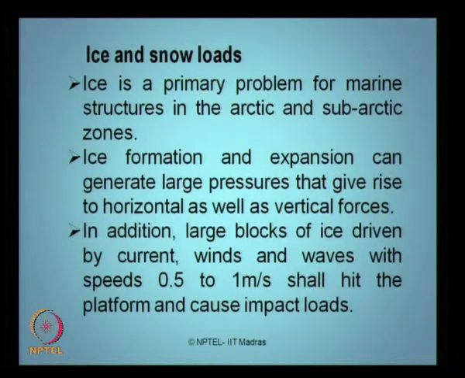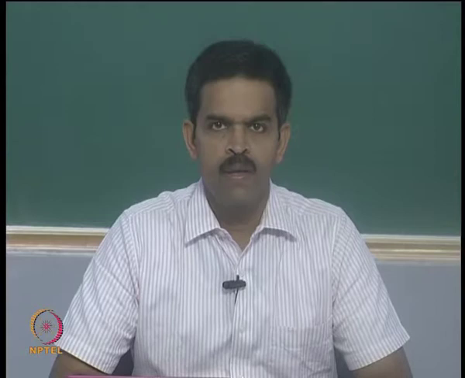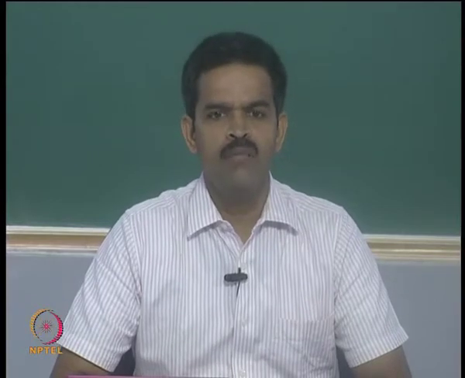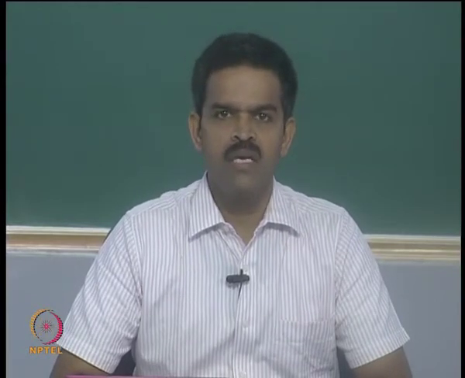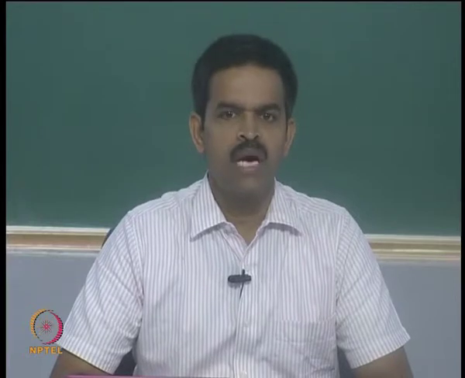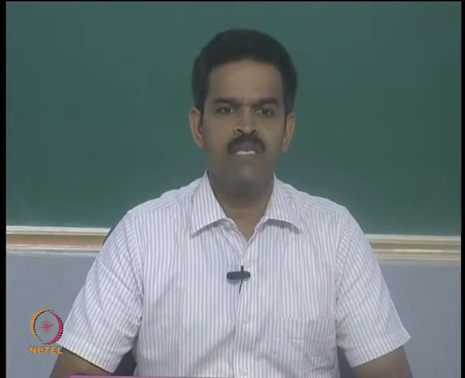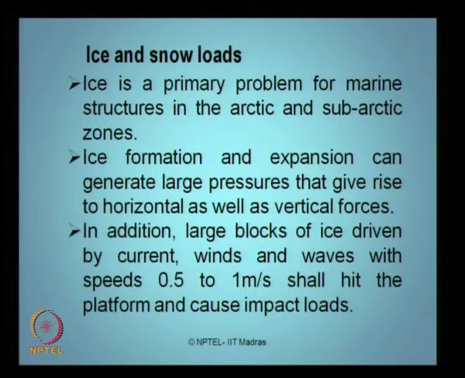The other classification of load which comes on offshore structures is ice and snow loads. Ice is the primary problem for marine structures in Arctic and subarctic zones. Ice formation and expansion can generate large pressure that gives rise to horizontal as well as vertical forces on offshore members.